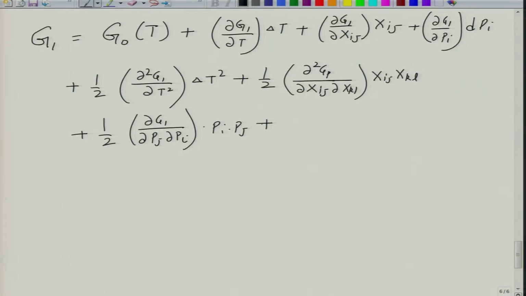Now, we look at the interdependence of these. If we go to del 2 G1 del T del Xij, this becomes delta T into Xij. So, this is the first interdependence. You have the first derivative del G upon del X, and after that you make a change in temperature, so this is the interdependent term.